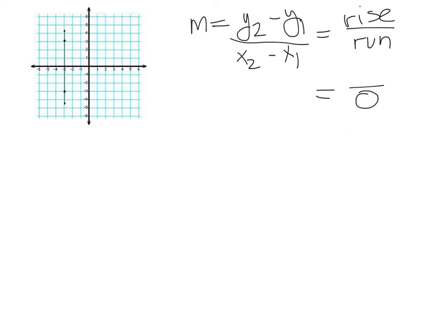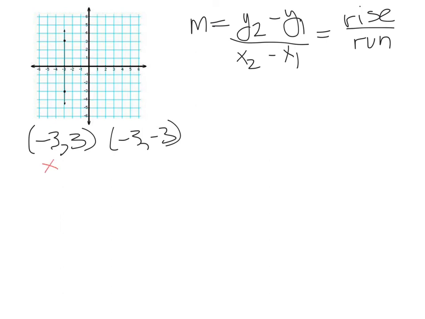But let's look at that from a mathematical point just to see it in action. Here's the coordinates of our 2 points. The top point is -3, 3, and the bottom point is -3, -3.